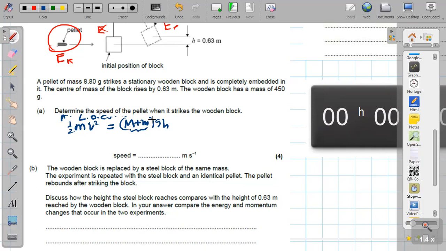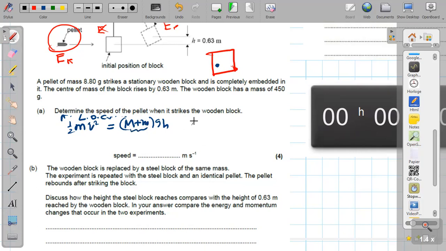So sir, we have to take both for the potential energy. For the kinetic energy, we only take the mass of the pellet. This one is just moving together.